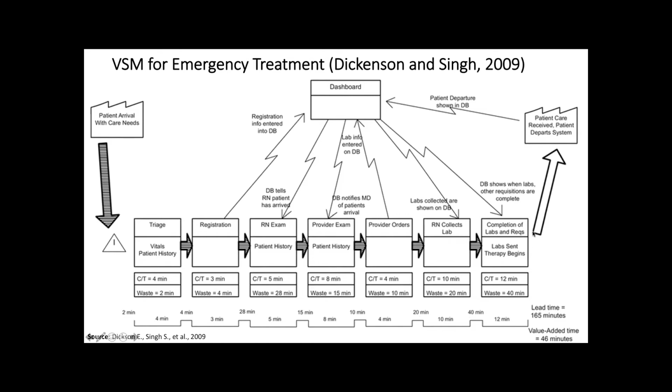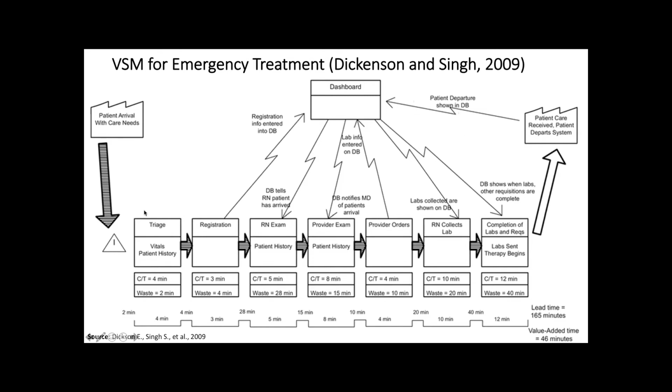And when they are done, hopefully it's a patient that has received the care and is going to depart and leave the system, or the patient needs to be transferred to the hospital. Once that happens, the confirmation that the patient has been discharged is sent to the dashboard as well.